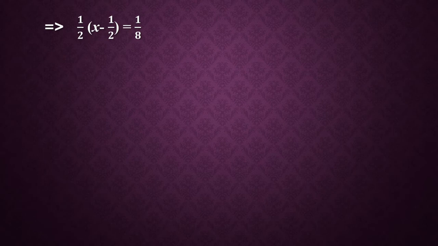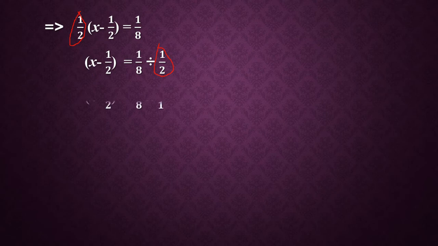Here 1 by 2 is there with multiplication. First, this 1 by 2 you have to transpose to the opposite side. Multiplication on the opposite side becomes division. In fraction division we have to find the reciprocal of the second number.